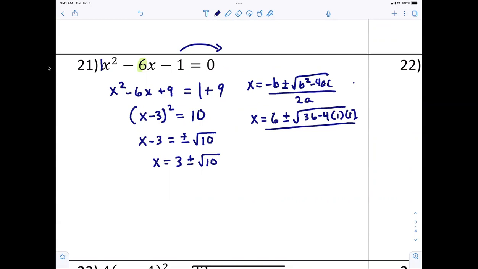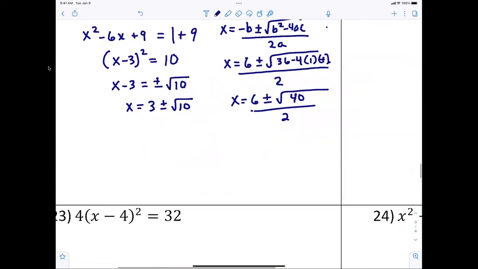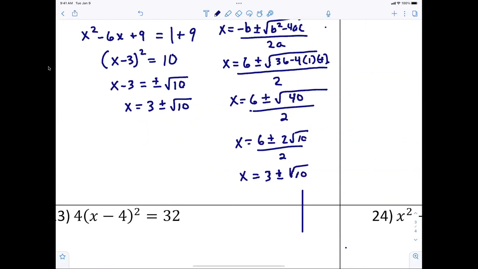Yeah, it is. Thank you. C is -1. Thank you. And then it's 2. So now x equals 6 plus or minus the square root of 40 over 2, right? Mhm. So x equals 6 plus or minus 2 radical 10 over 2. Divide by 2. 3 plus or minus radical 10. Okay. You see your mistake? Yeah. All right.